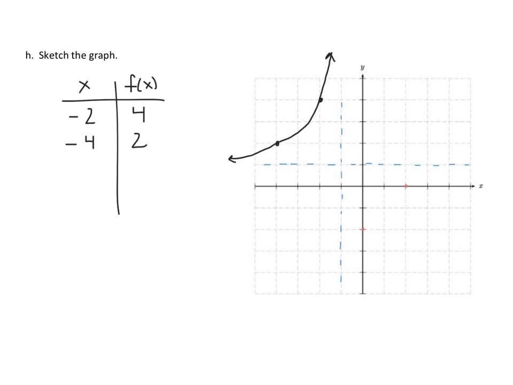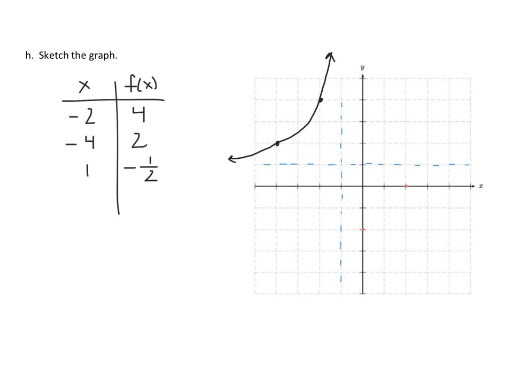Next, I'm going to graph the right-hand side of the function, meaning the right side of the vertical asymptote. We've got a couple points already plotted, and those are our intercepts. I'm going to pick a couple more x values to get a couple more points on here. For example, if I choose 1 as an x value, if I plug 1 into our function, we get an output of -1/2.